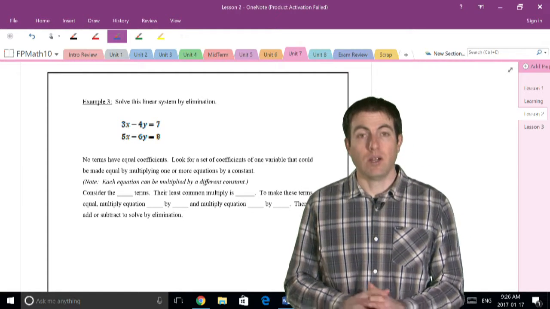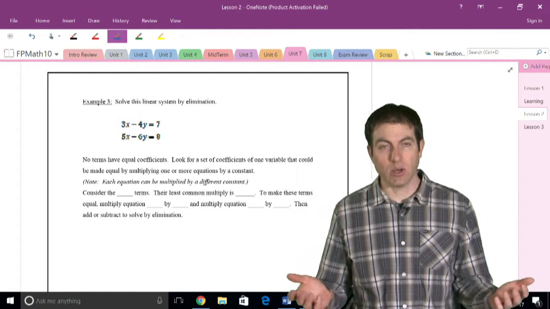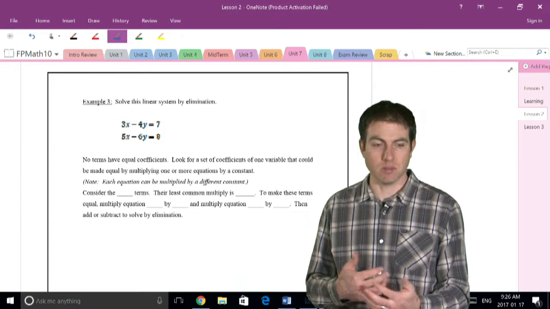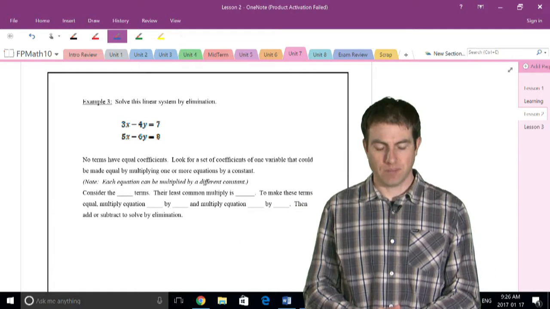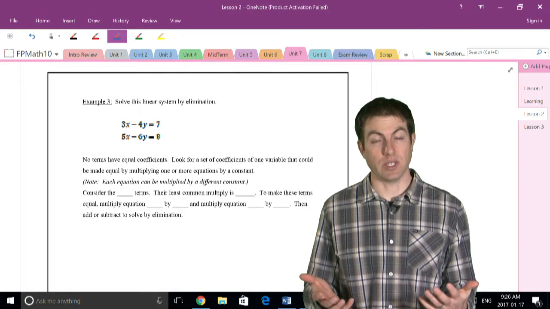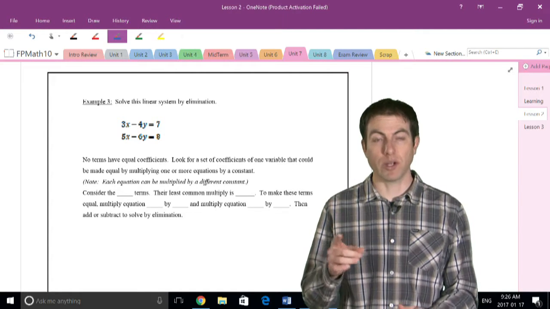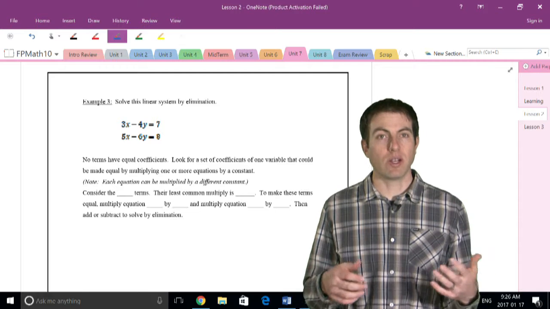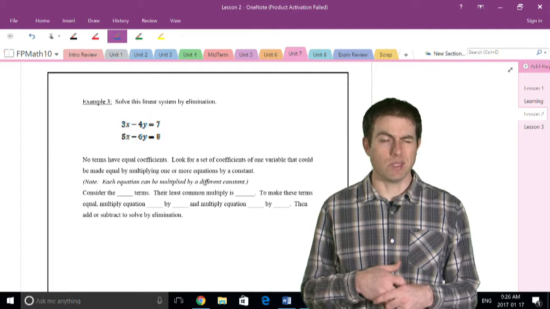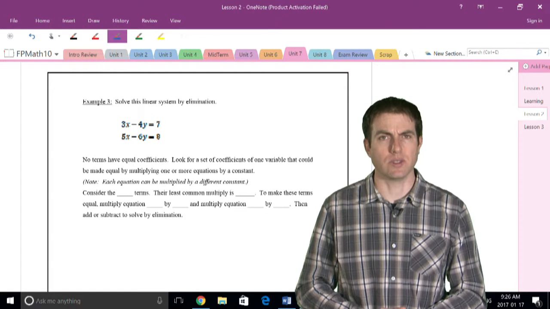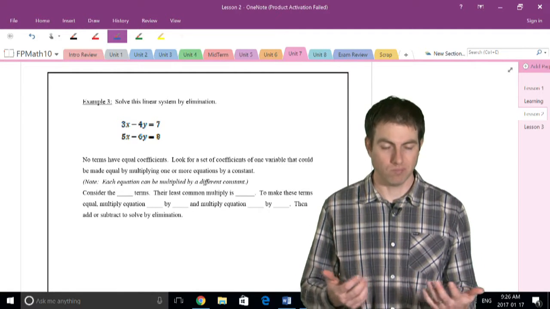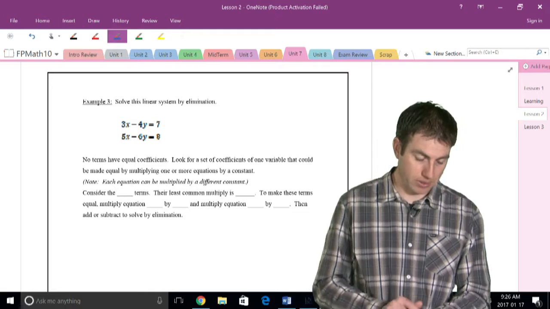Okay, what do I do then? None of my coefficients are the same, and I can't make them the same. What we have to do is deal with both equations, essentially. So instead of just using one equation to double it or triple it, we're going to have to find an LCM, least common multiple, and make the equations the same by multiplying both of them. So just another step, I suppose.